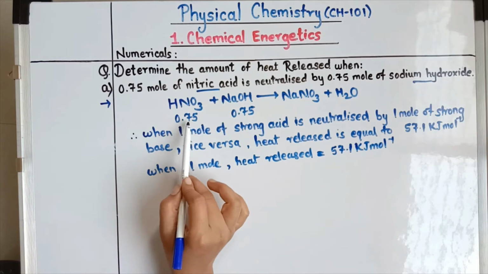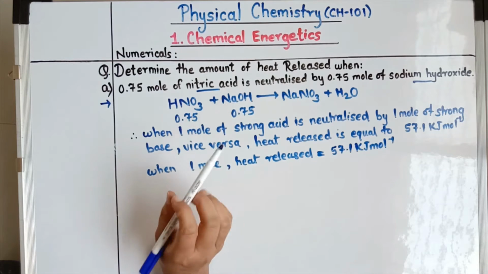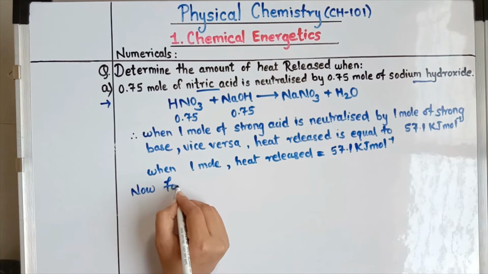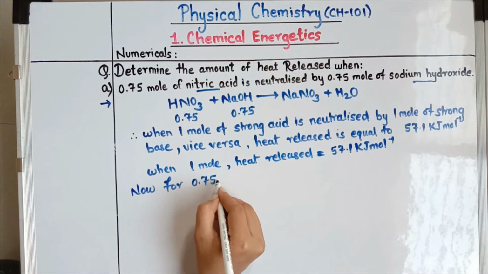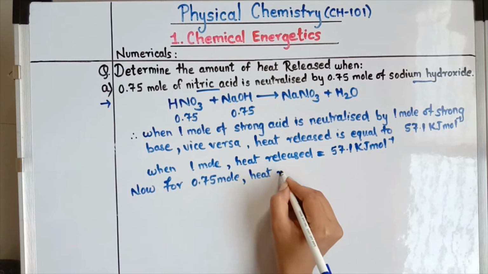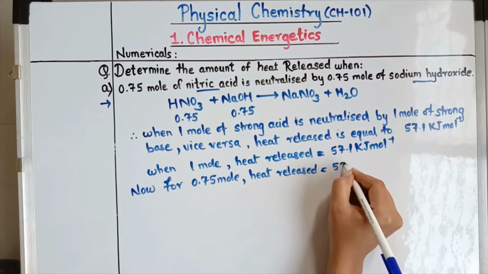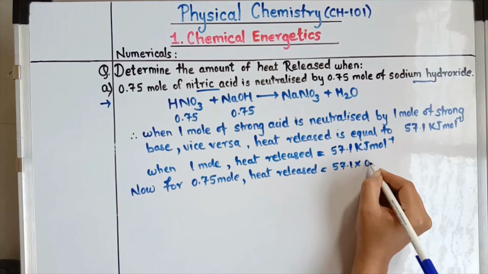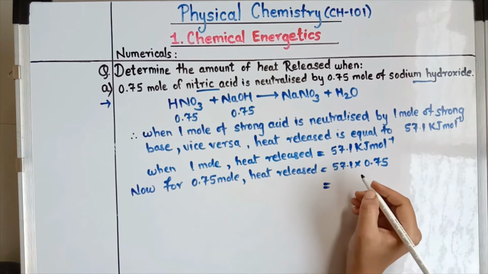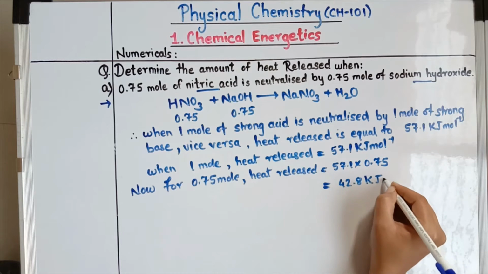Now there is only 0.75 moles of HNO3 and 0.75 moles of NaOH. So for 0.75 mole, heat released is equal to 57.1 into 0.75, which is equal to 42.8 kilojoule per mole.